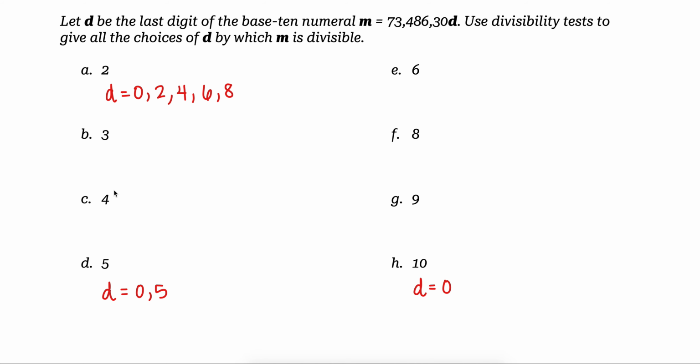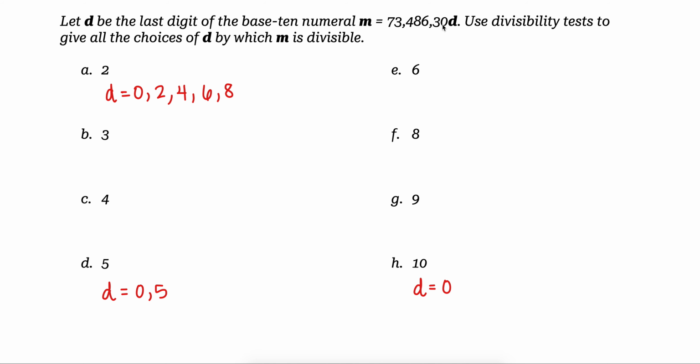To be divisible by 4, the last two digits must be divisible by 4. Now, the other thing, to be divisible by 4, it has to also be divisible by 2. So I don't need to check every single value for D, just 0, 2, 4, 6, 8.